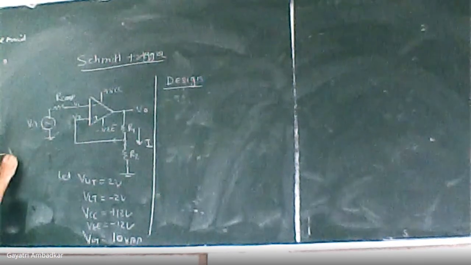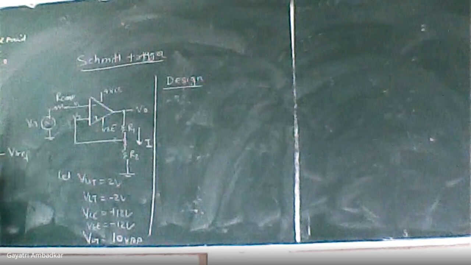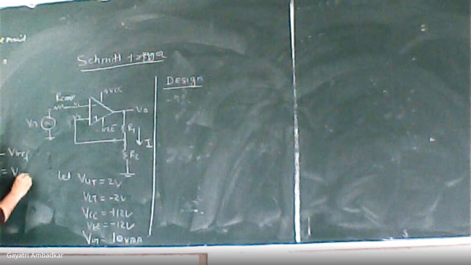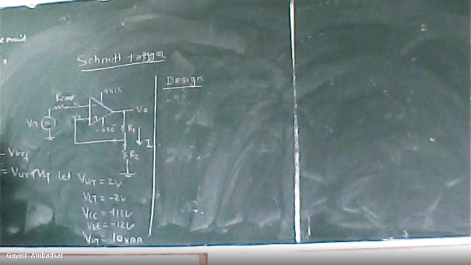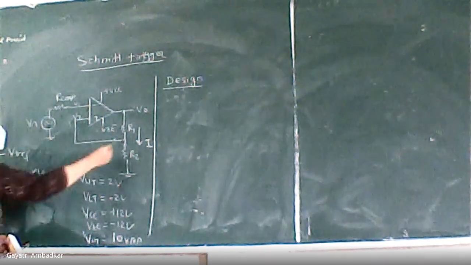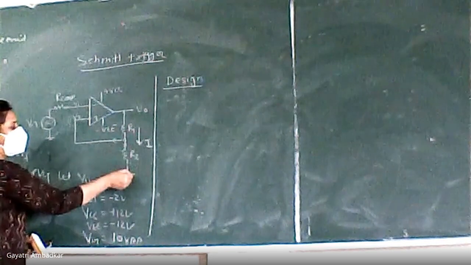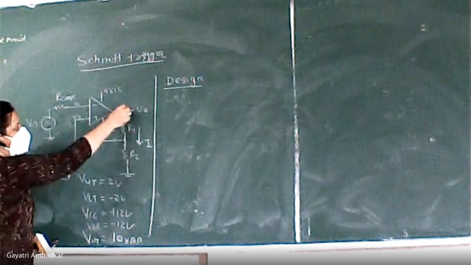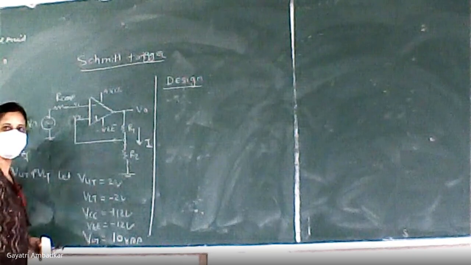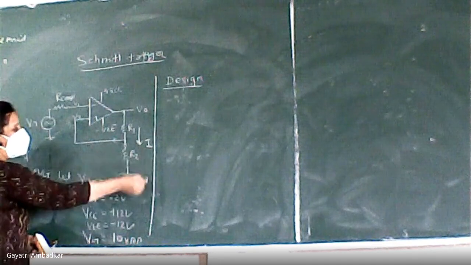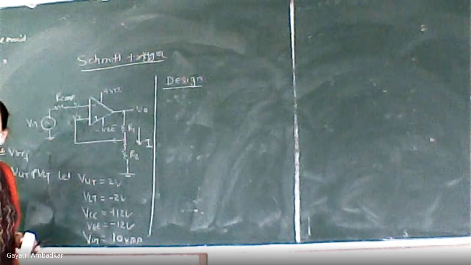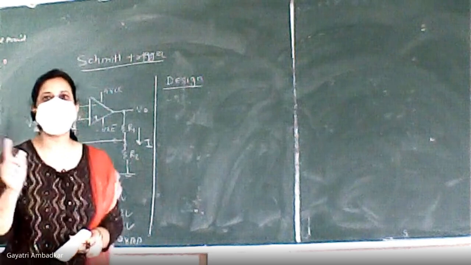Because you have found it, what is V2? It is VR2. What is VR2? I into R2. What is I? VO upon R1 plus R2. So VO upon R1 plus R2 into R2 is the voltage. VO is present here, which is going to change either to plus Vsat or to minus Vsat.